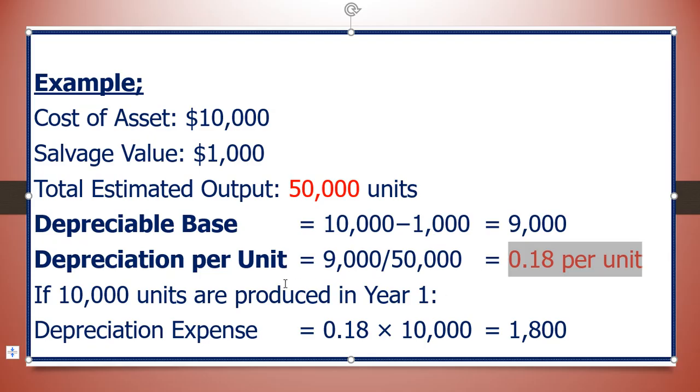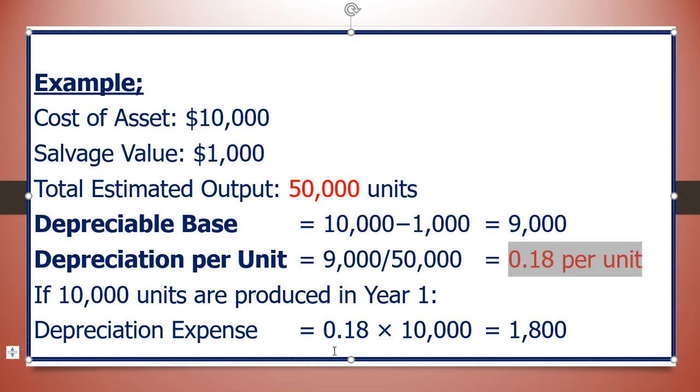So now, if 1,000 units are produced in year one, then depreciation expense will be depreciation per unit times the number of units produced. After getting depreciation per unit, getting depreciation for the year is a direct deal. You simply multiply and get it. So that one is easier.